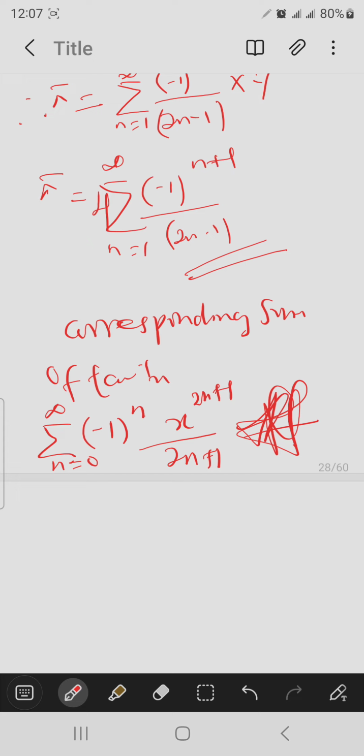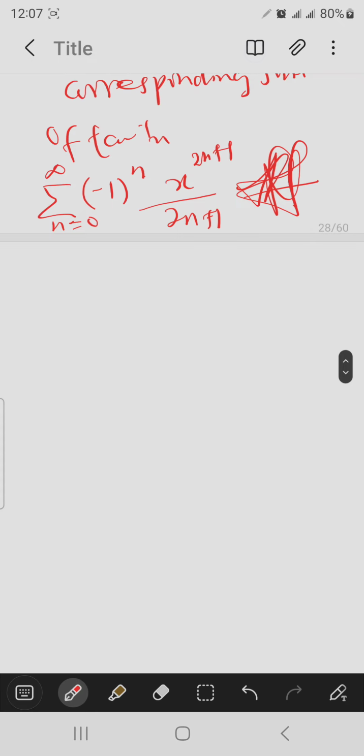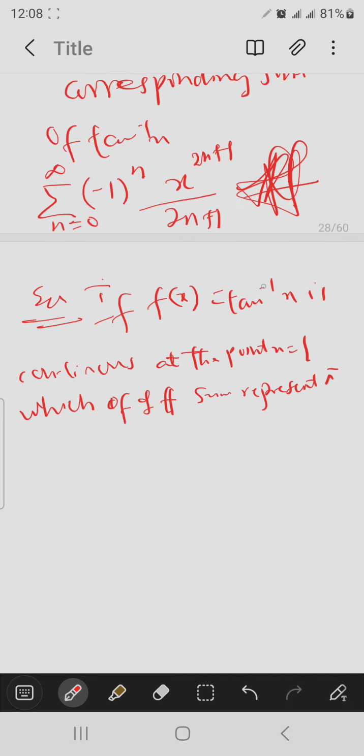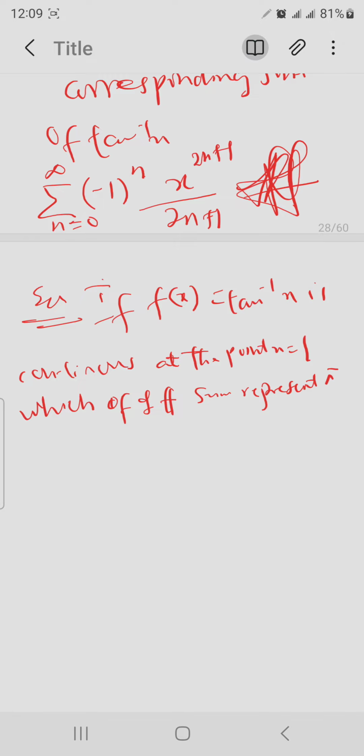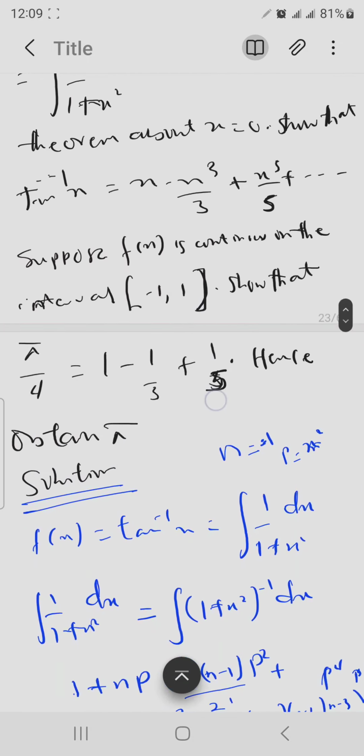Another one is if the question states that you should find f of x. You see this question I just wrote: if f of x equals arctan x is continuous at the point x equals 1, which of the following sums represents pi? More or less like what I did earlier.